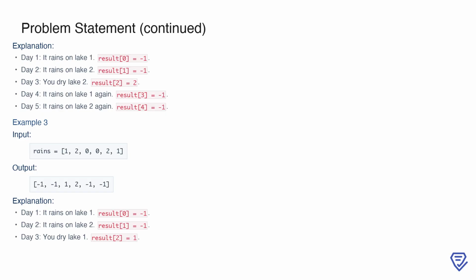On day 4, you dry lake 2, so result[3] equals 2. On day 5, it rains on lake 2 again, and result[4] equals -1. Finally, on day 6, it rains on lake 1 again, so result[5] equals -1. This sequence of drying and raining ensures no lake floods, and the result is [-1, -1, 1, 2, -1, -1].